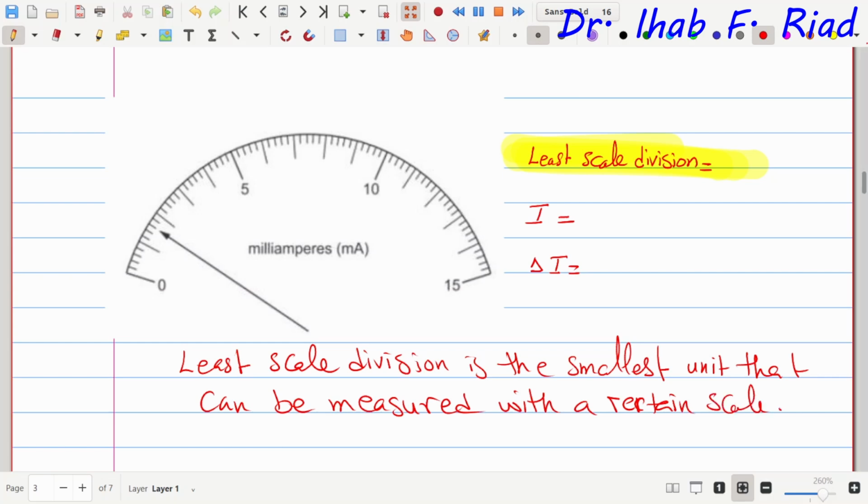Okay, so if we have this ammeter, how can I define or find out the least scale division?